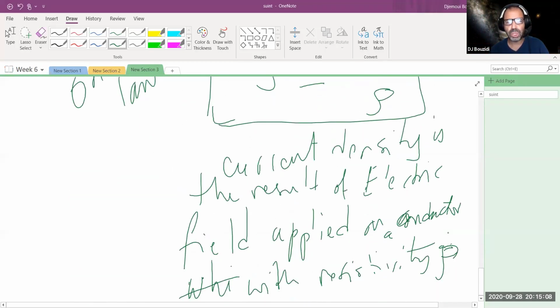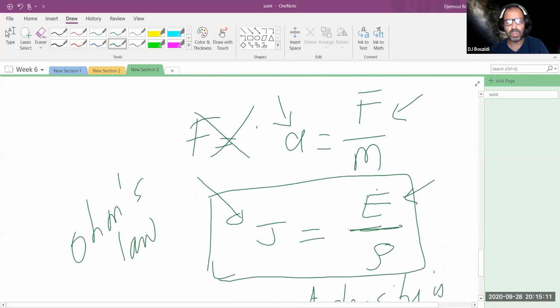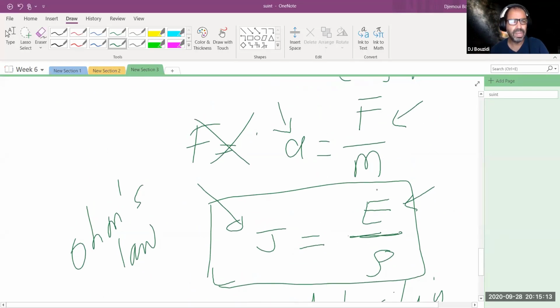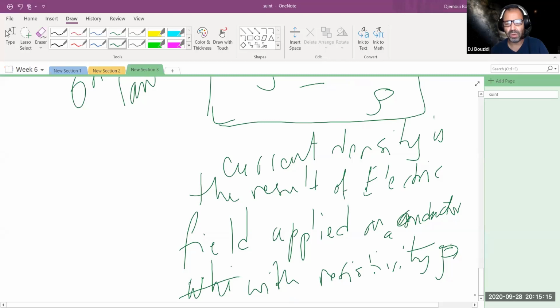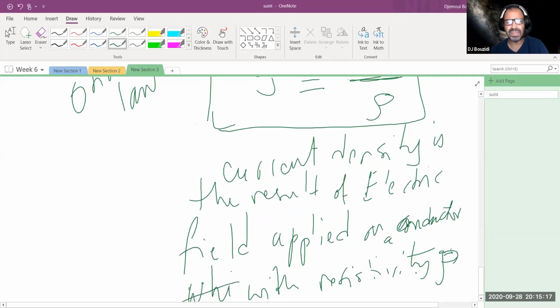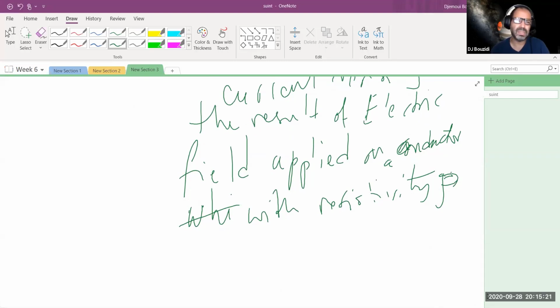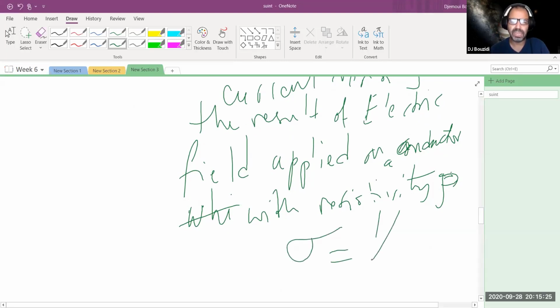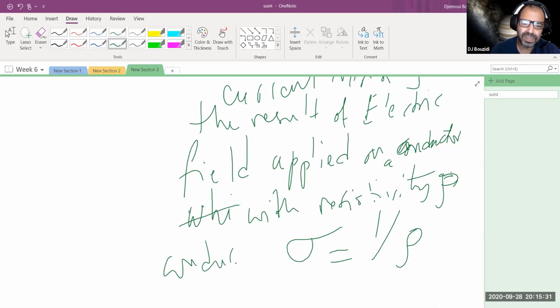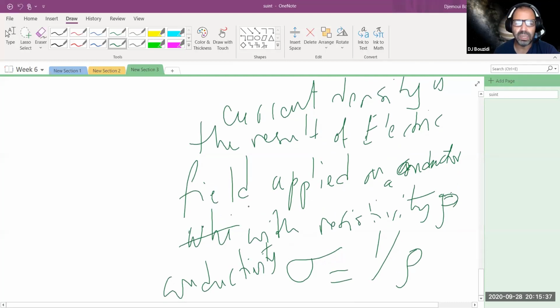Armed with these two expressions, J is equal to E over rho. In some other literature, 1 over rho is given a different name. Instead of just dividing 1 over rho, they use the symbol sigma, which is called the conductivity. Conductivity is just 1 over the resistivity, the inverse of the resistivity. So rho is the resistivity.